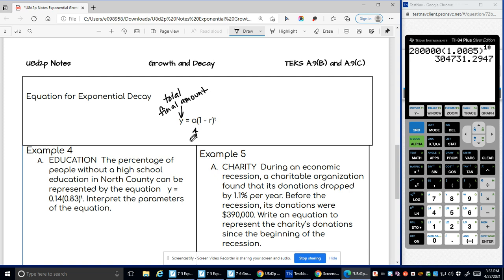Here is our initial value. Here is going to be our rate of change. All of this is the same, right? Rate of change. And it could be also referred to as a common ratio.